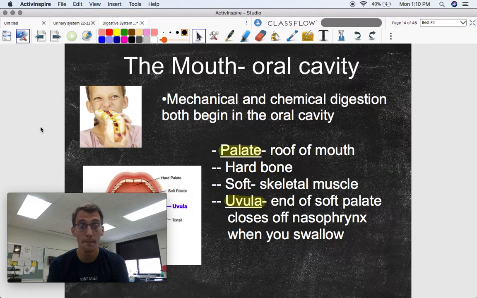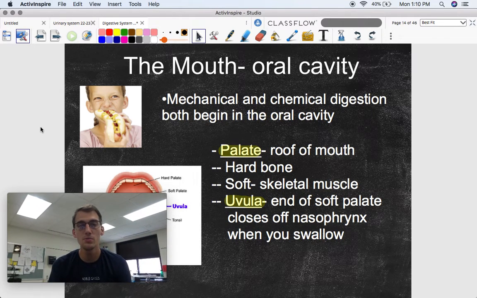Both happen as soon as you put the food in your mouth. And if you've ever seen something delicious and you start to salivate in response, like dogs do all the time, then really digestion begins even before the food enters your mouth. So there you have it.